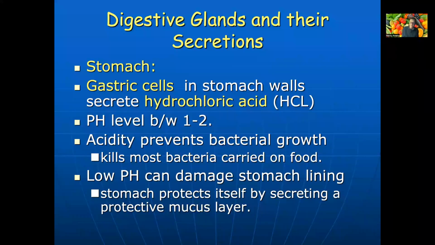Remember that the acidity of the stomach is super important for denaturing proteins in the walls of the pathogens that you consume when you consume food. That very low pH can actually damage the stomach lining. So it's super important that you protect your stomach walls by secreting an extra thick layer of mucus that will basically coat every digestive organ.